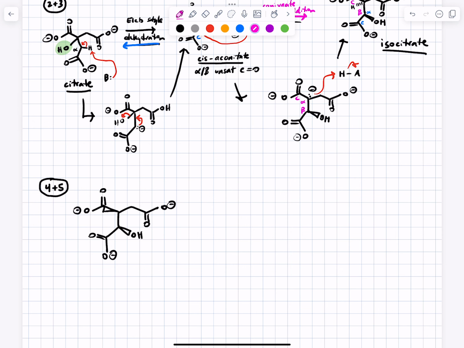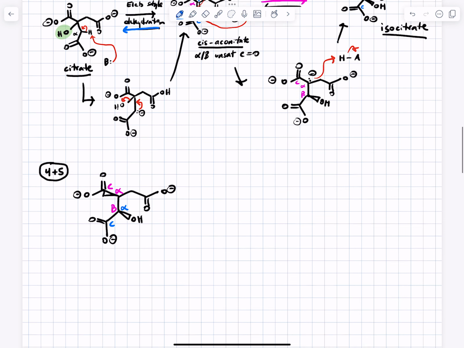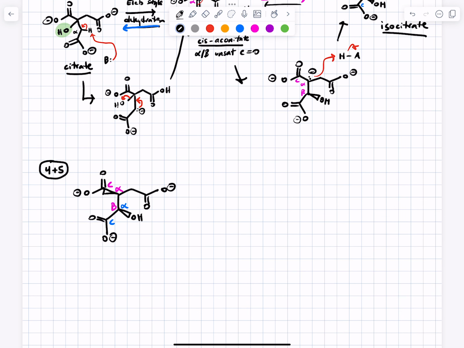And again, for fun and monitoring things, we'll continue to label the pink and the blue carbonyl carbons. This is isocitrate. The enzyme that catalyzes this process is called isocitrate dehydrogenase, which tells you that it's going to do what?